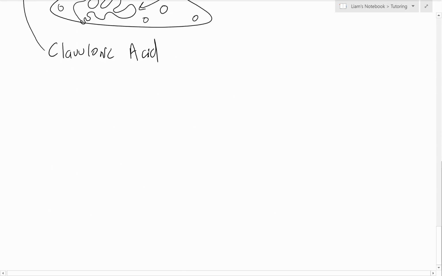So let me see if I can draw this out. Say that this is our clavulanic acid, and we often administer it with another beta-lactam. For example, you may have heard of amoxiclav, which is amoxicillin with clavulanic acid. So this is our amoxicillin.